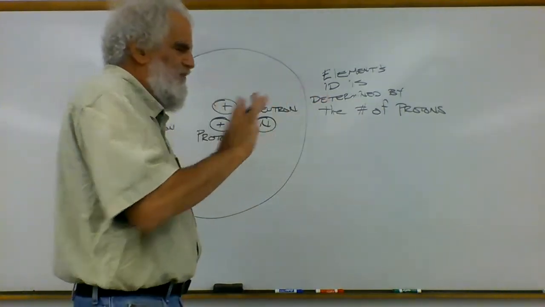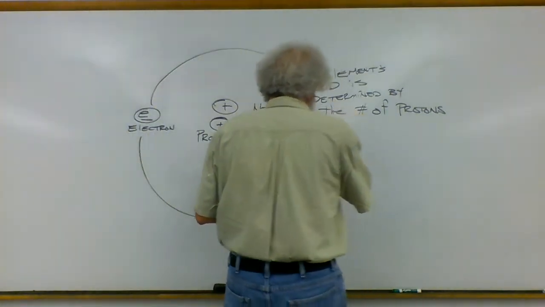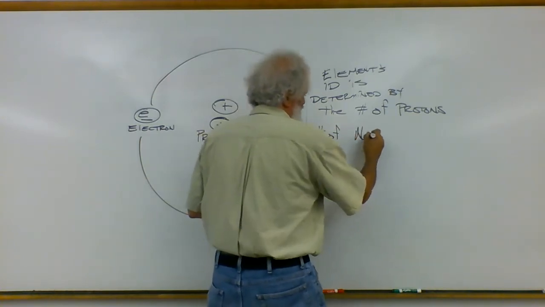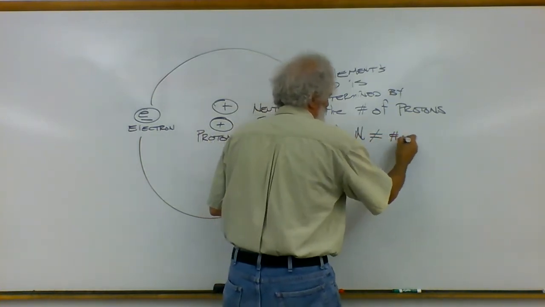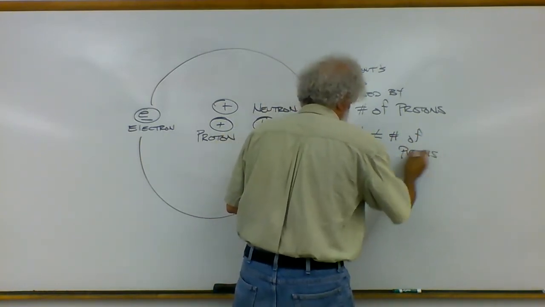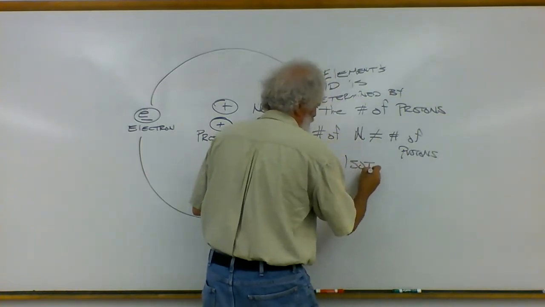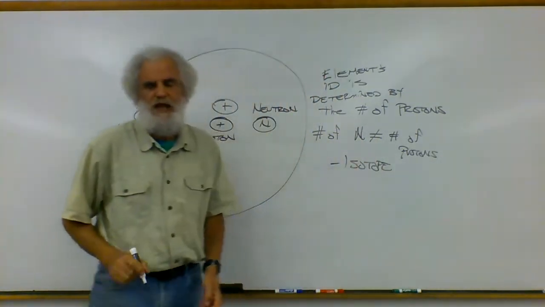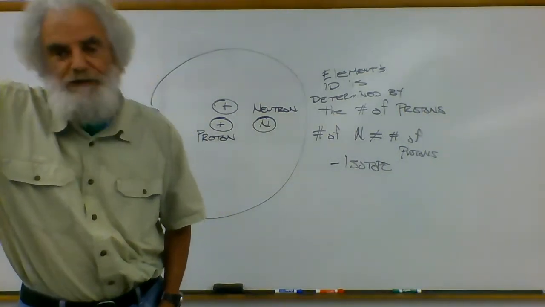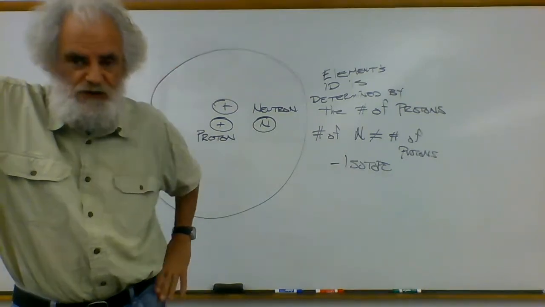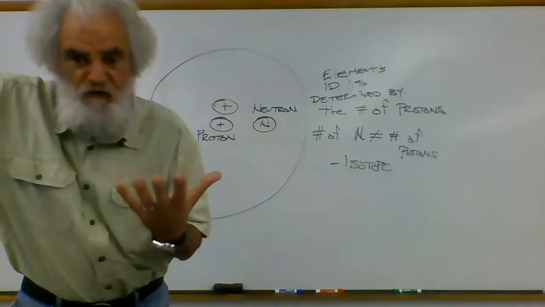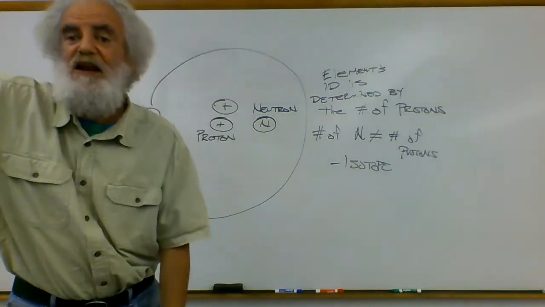And one of the ways we can phrase this is if the number of neutrons doesn't equal the number of protons, this is called an isotope. Now, some isotopes are radioactive, meaning they actually will decay or kick out particles. Some are phenomenally stable. And it turns out the most common form of hydrogen on the planet is in fact an isotope.